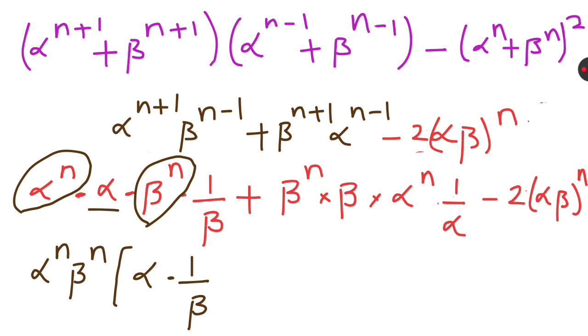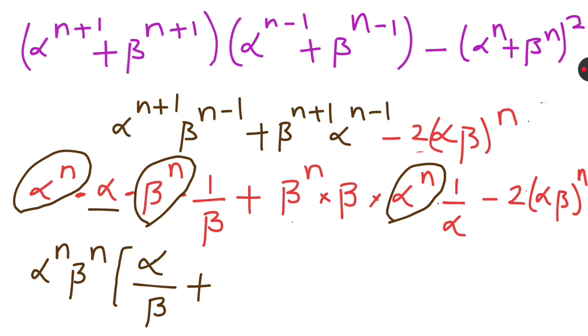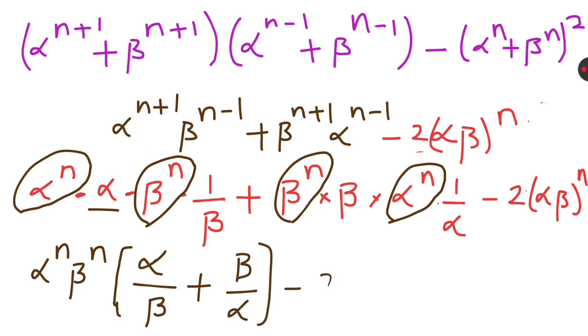So this we can write as alpha over beta. Plus here also we are taking alpha^n times beta^n as common. So what are we left with? We are left with beta times 1 over alpha, so we can write this as beta over alpha, minus 2 times (alpha beta)^n. Here alpha over beta plus beta over alpha, if we take LCM, the LCM is going to be alpha times beta.